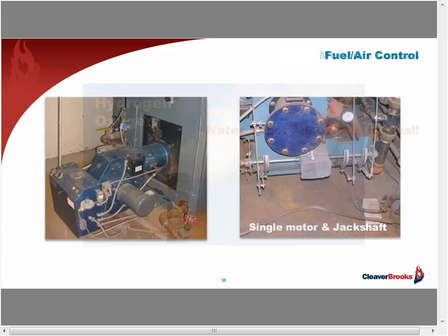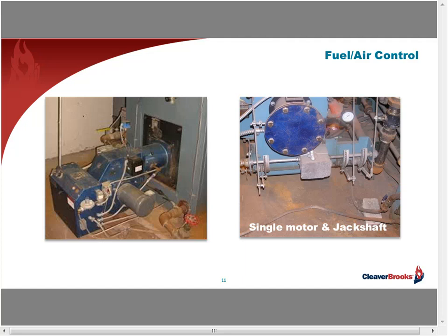And, one of the top areas for scrutiny is how the fuel and air in the burner are being controlled, and what kind of shape is this fuel and air metering system in. For instance, as you can see here, it's a single point positioning system wherein a single drive motor controls various fuel and combustion air linkages connected to a single shaft.